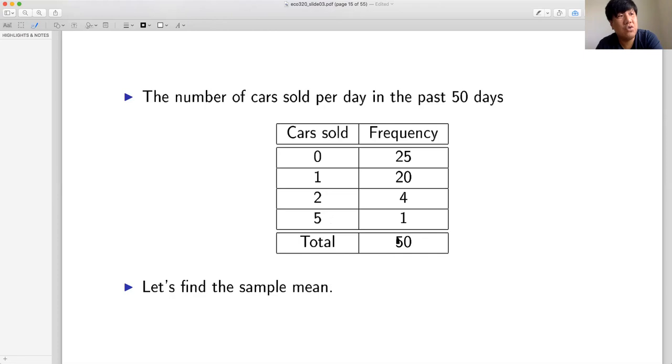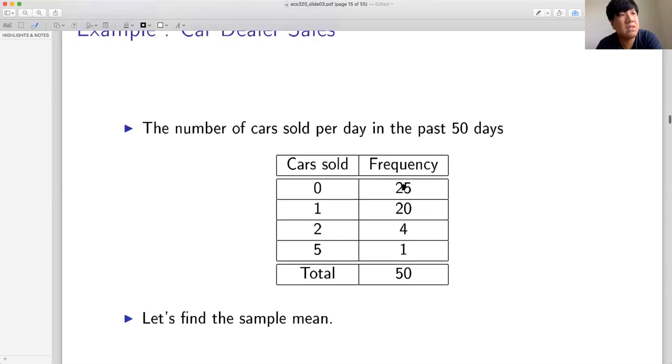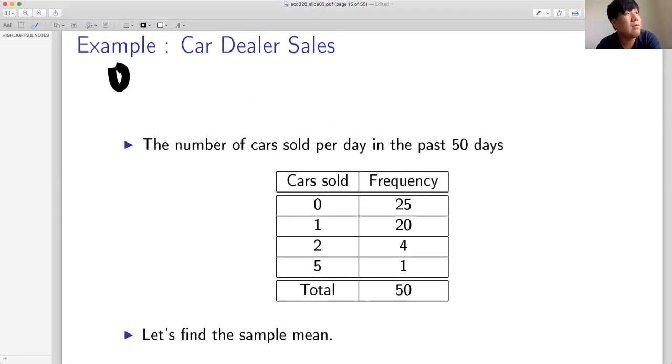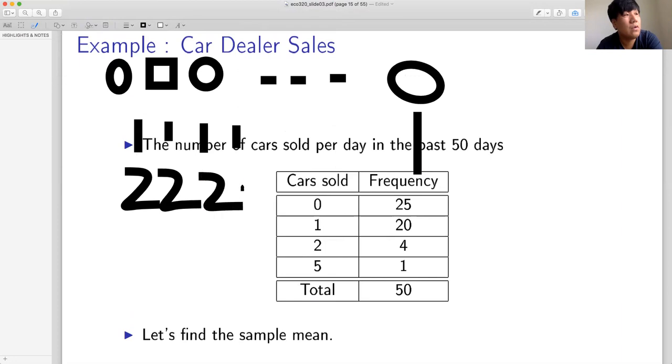So imagine you actually have a 50 sample, so it might be 25 of this means actually you might have 0, 0, 0, 0, 25 times, plus you have a 1, 1, 1, 1, 1, 1, this 20 times, and you might have a 4 of 2, so 2, 2, 2, 2, and you have a 1, 5, that is over here.